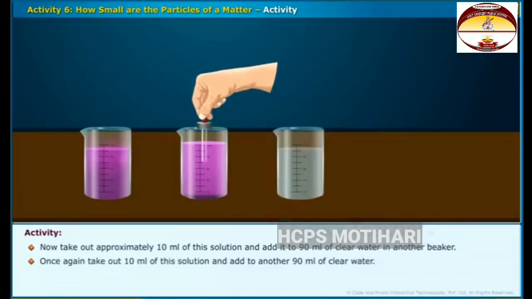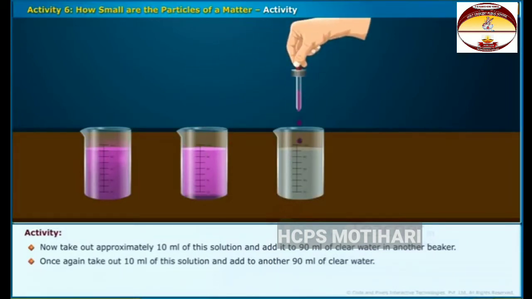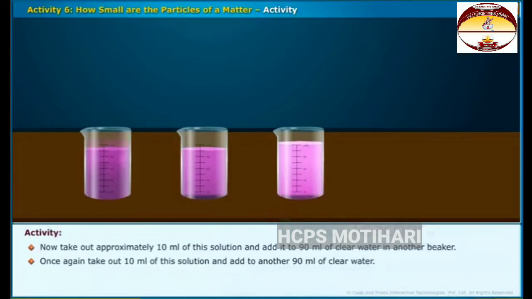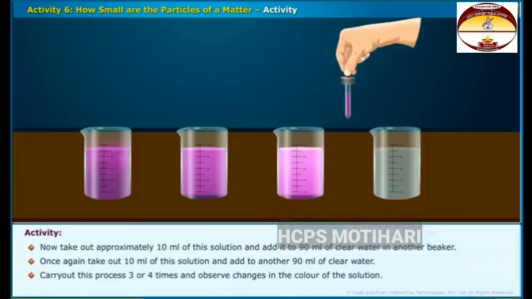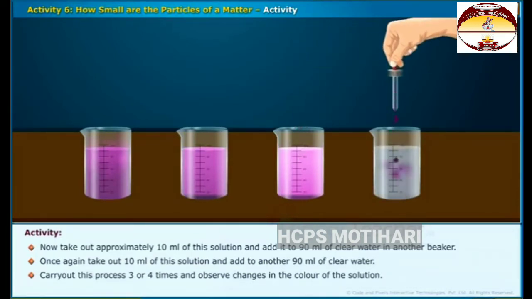Once again, take out 10 ml of this solution and add to another 90 ml of clear water. Carry out this process 3 or 4 times and observe changes in the color of the solution.